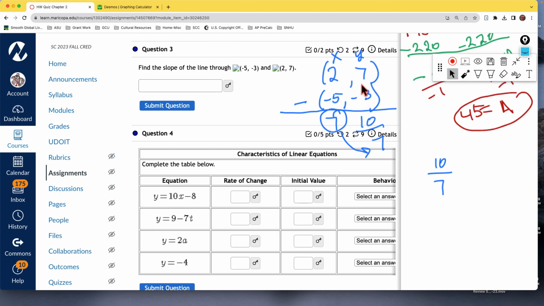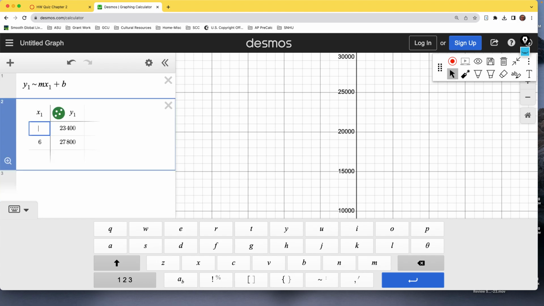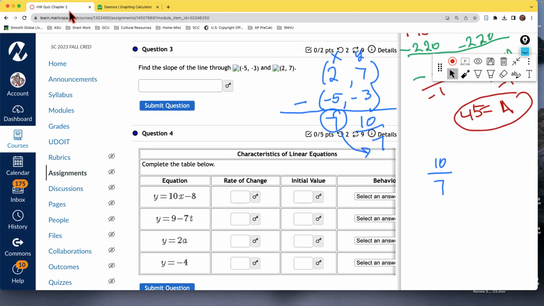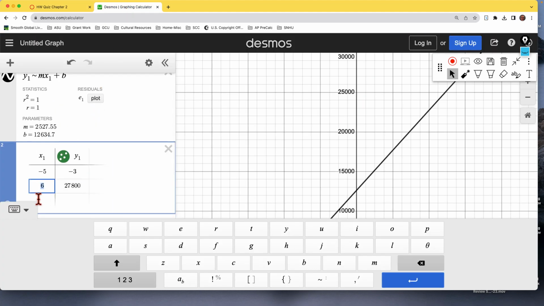We'll do the same thing, 2, 7 and negative 5, negative 3. We'll come back here. This is already set up for us. Was it negative 5, negative 3? Did I get that right, in the right order? Good. Negative 5, negative 3, and then 2, 7. I'll put in 2, 7.